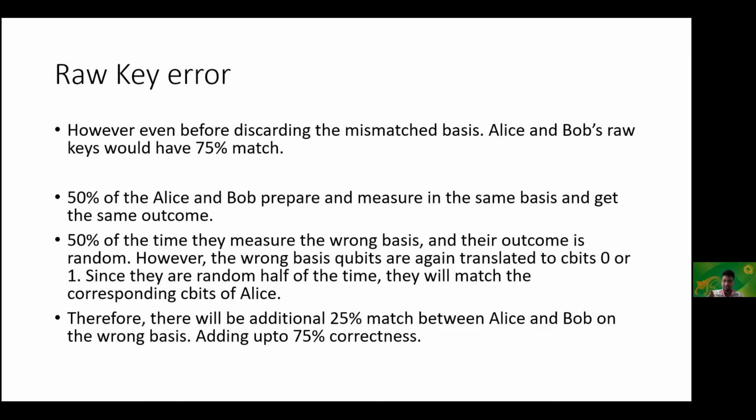So half of the time this 0 or 1 will match Alice's 0 or 1. So there will be a 25% chance that Bob will get it correctly. Overall, you will see that there is a 75% chance that even though Bob is randomly choosing the basis, his raw key will match Alice's. So if they have 100 bits, 75 bits will be matching on average.